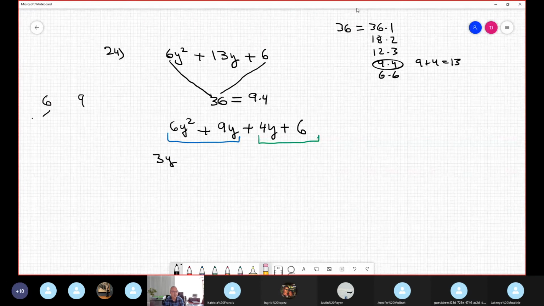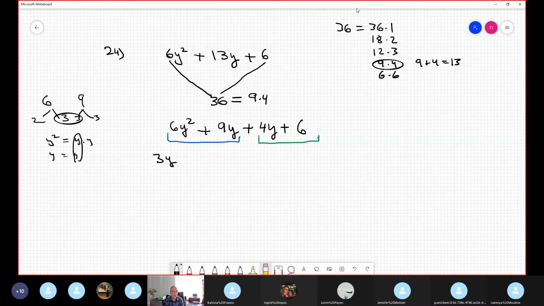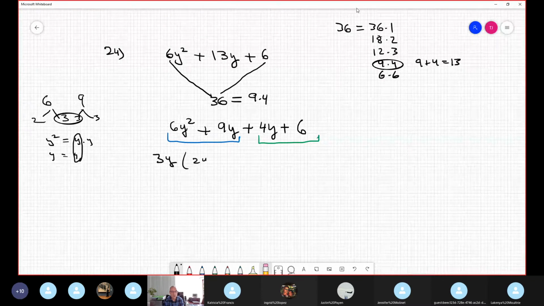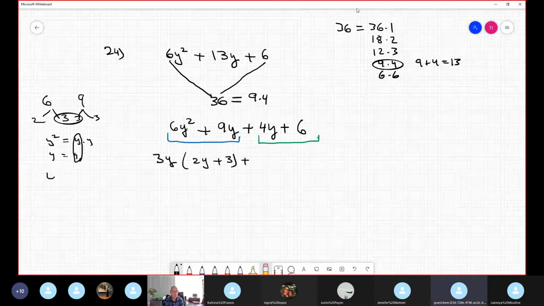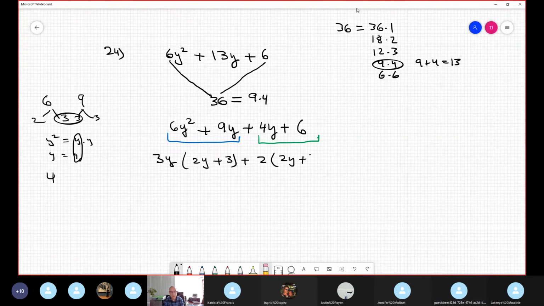Between 9 and 6, it's clear I get 3. But between y squared, which is y times y, and y alone, the common factor is y. So 3y, open parenthesis, we have 2y plus 3. And what is the GCF between 4 and 6? 2. Then 2y plus 3.